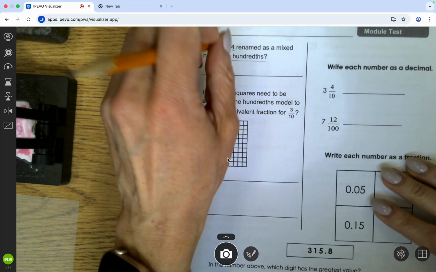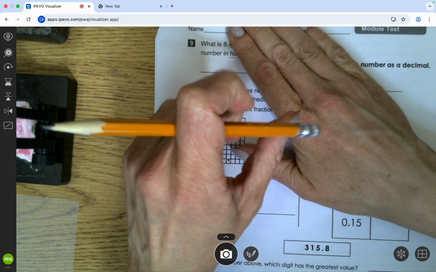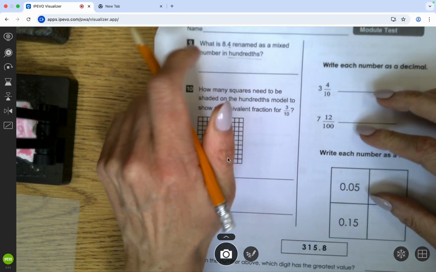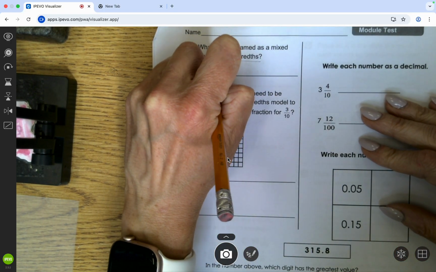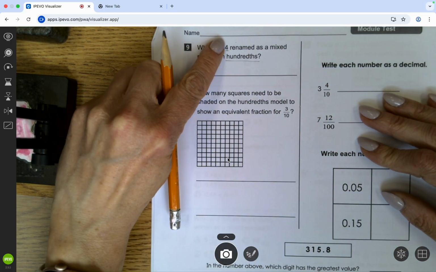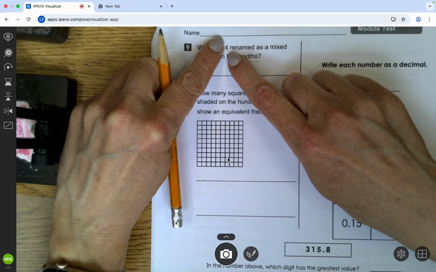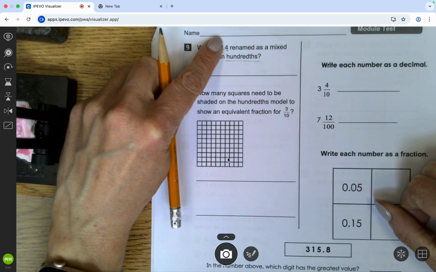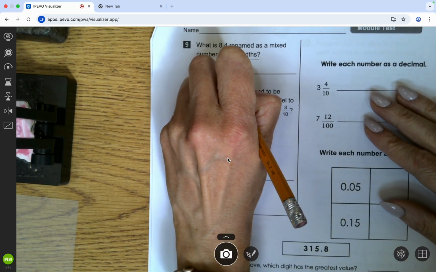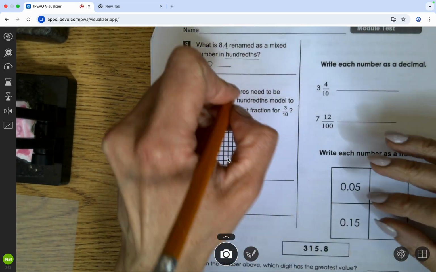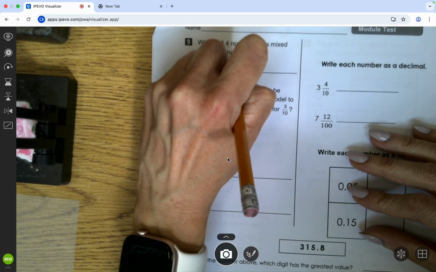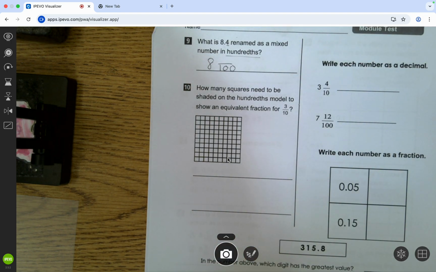So I know my whole number is going to come before the decimal. So my whole number is 8. Now, I need to rename 4/10 to 4/100. I know that my denominator is going to be 100, okay?